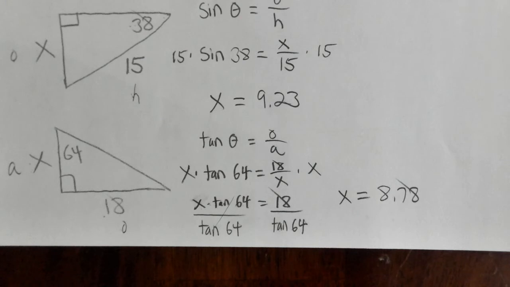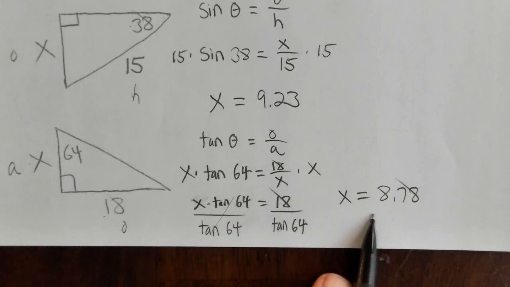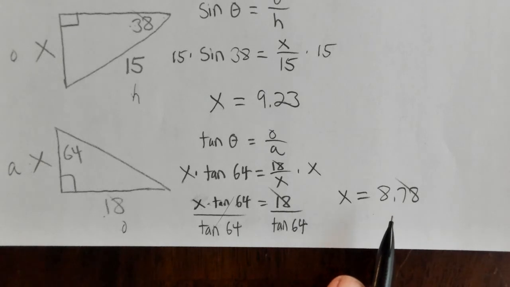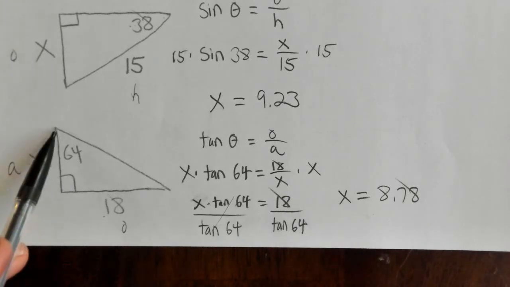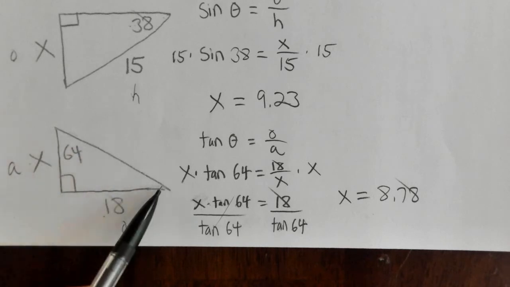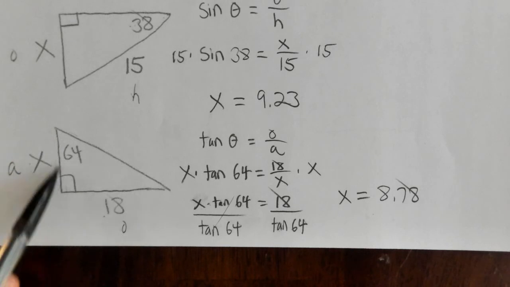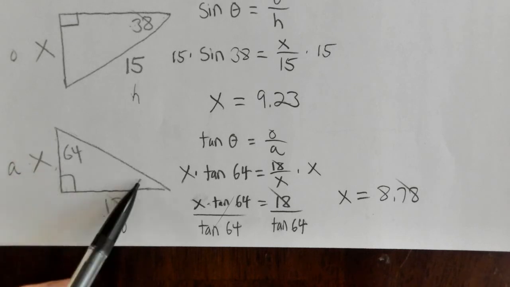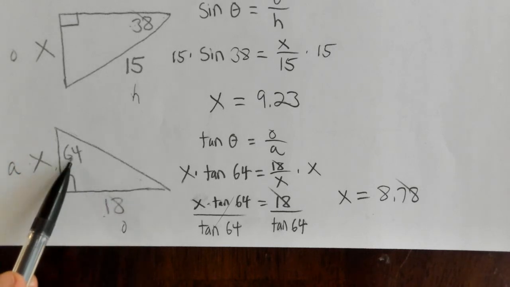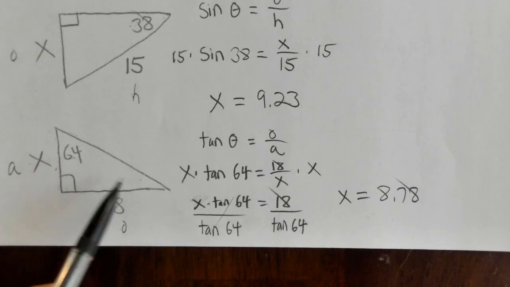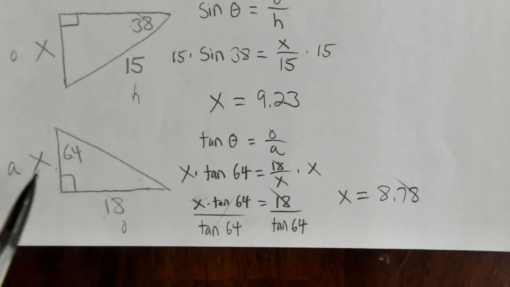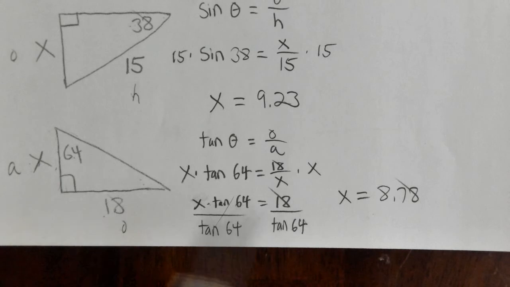Now, as you're doing these, you can take a look at the answers and see if it's in the ballpark or makes sense. Remember, the hypotenuse is going to be the longest side. The short leg is across from the smallest angle. So if this is 64, then this would be 36 degrees, so this should be smaller than 18, and it is.